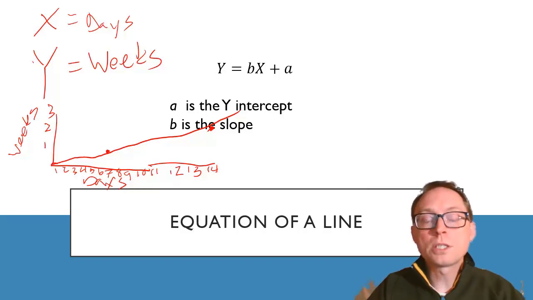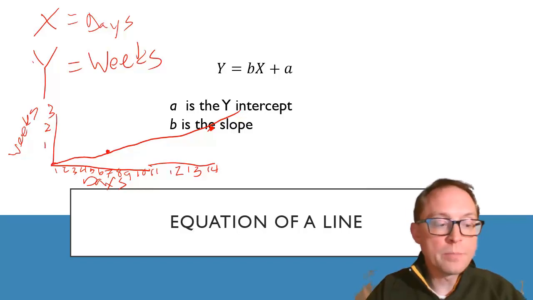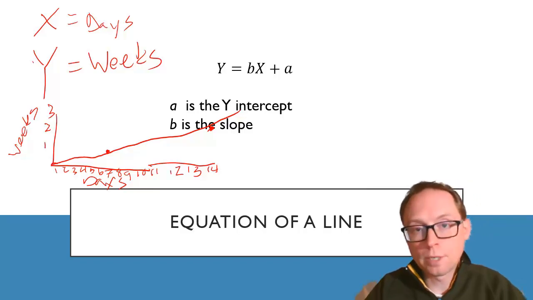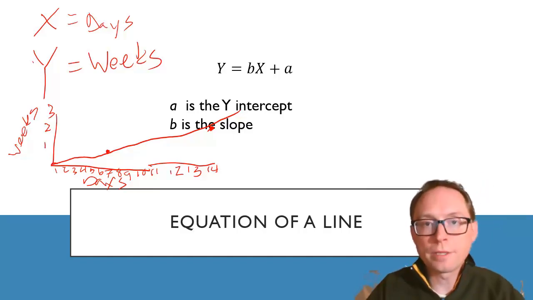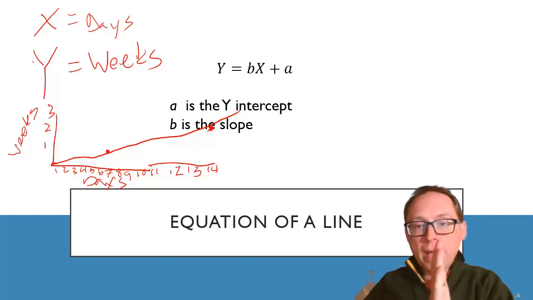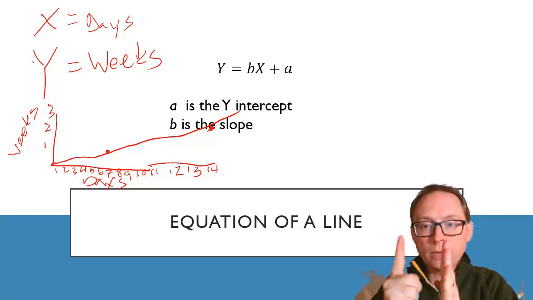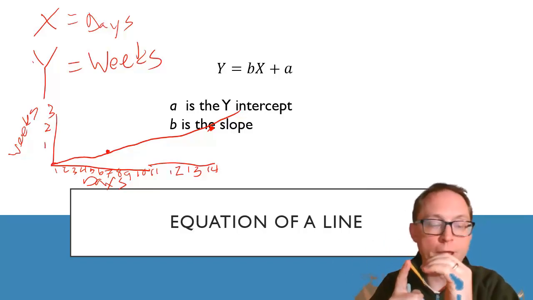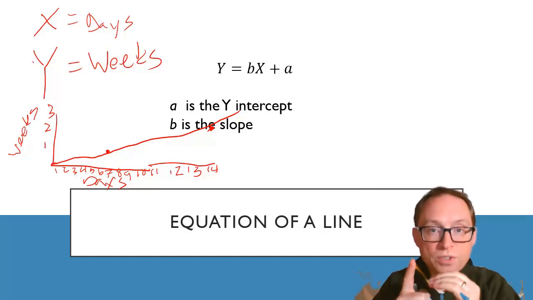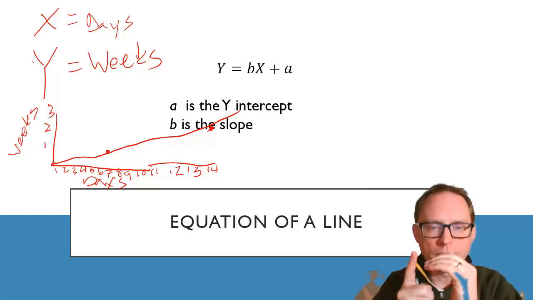So what is the slope for this example of days and weeks? The slope is going to be 0.14, right? 0.14285714. It's 1/7. It's 1 divided by 7, because for every 1 day, one value of x that passes, we go up exactly 0.1429, which is 1/7 of a week, right?